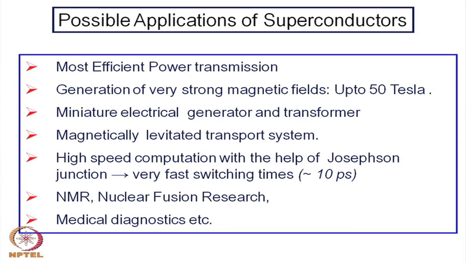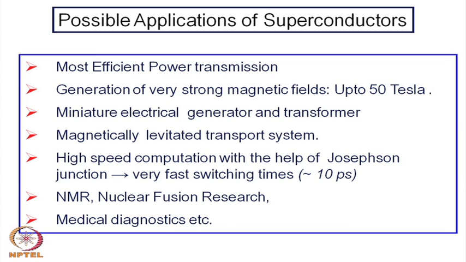One can reach a speed of 500 kilometers per hour very easily. Technically it is feasible, but the cost is certainly prohibitive. It has still not been commercialized, but demonstration has already been made.